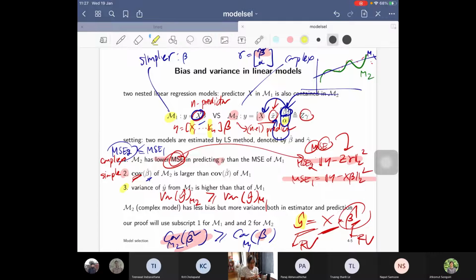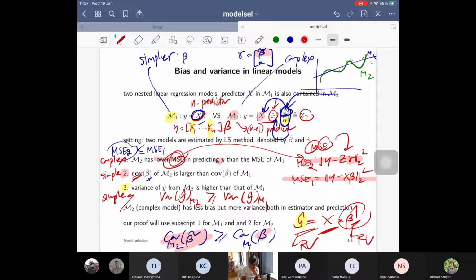Not only do we look at the point estimate, which for practical purposes just tells us, from this data set, your y hat is 2, and that's it. But from a statistical point of view, if we characterize the variance, the third bullet suggests that if you use a more complex model, it gives you more variance in the prediction.